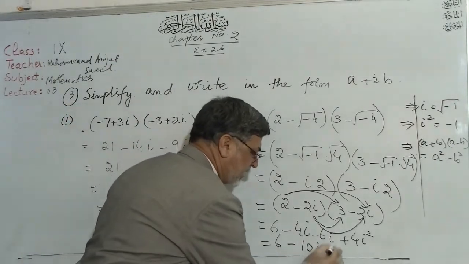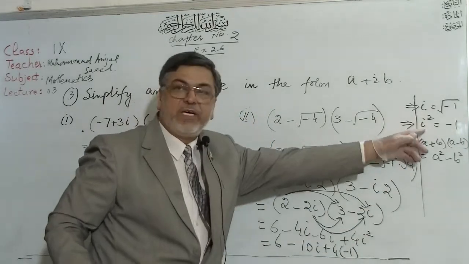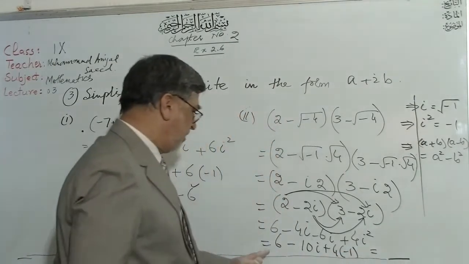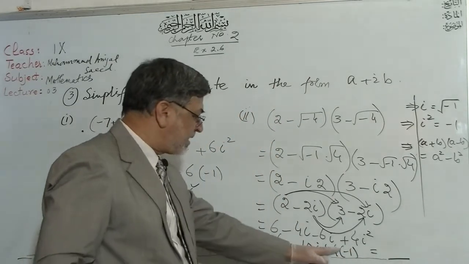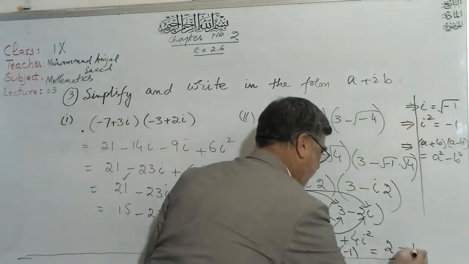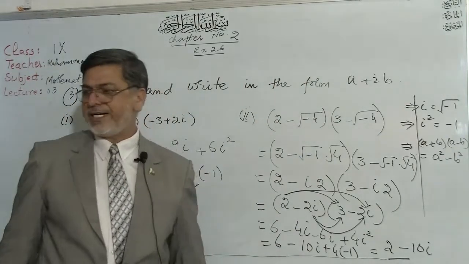And here is plus 4 into the value of iota square, which is minus 1. We are applying that value and here we will write down 6 and this is plus minus 4. So 6 minus 4 is 2, and minus 10 iota. That is your answer. It is in the standard form now.